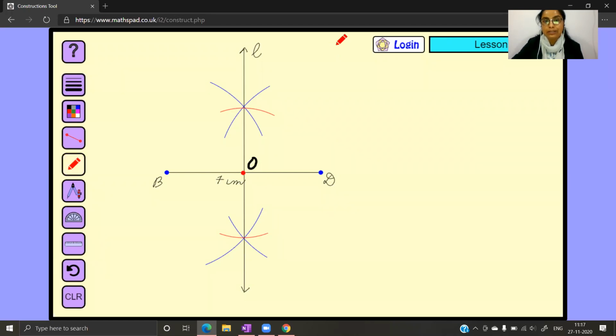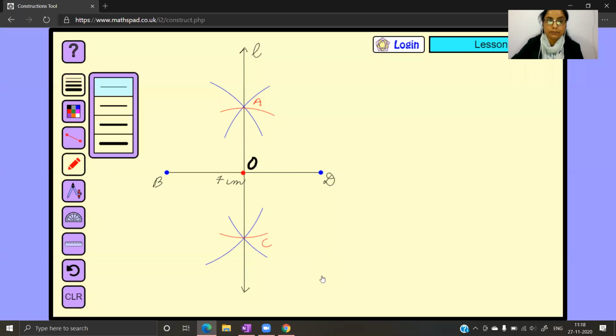Mark these points, the one above and the one below, as A and C. Be very careful. This is the intersection done with red. The point from the latest arcs that we have just drawn, you have to mark as A. We are not using the blue ones, we are using the red one. So if there is even a slight difference, please mark very carefully.